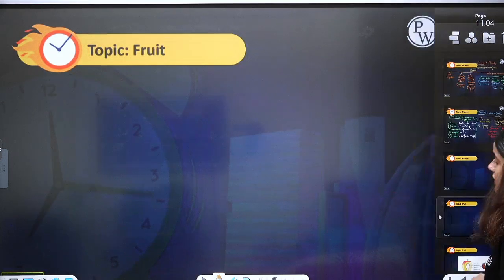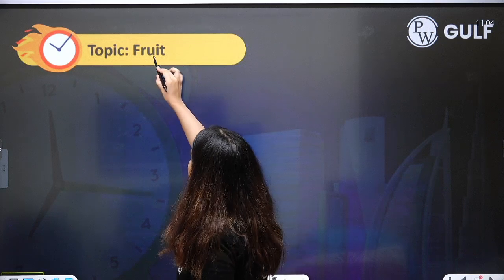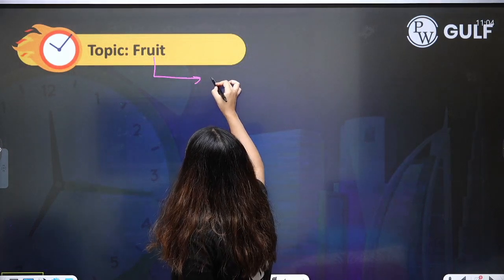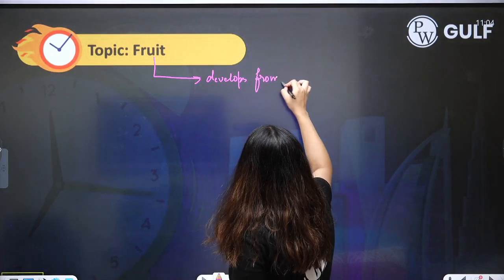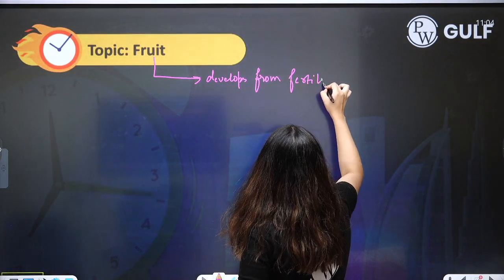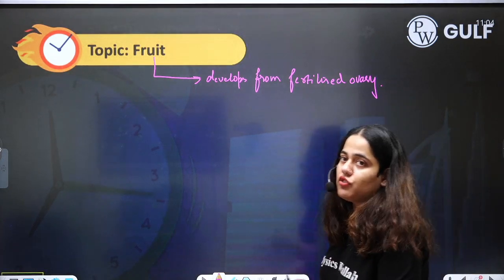Next is fruit, beta. What is a fruit? We all know fruit is basically developed from fertilized ovary. So fertilized ovary develops into fruit.